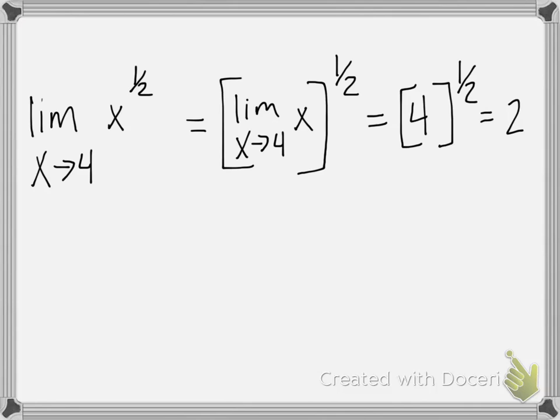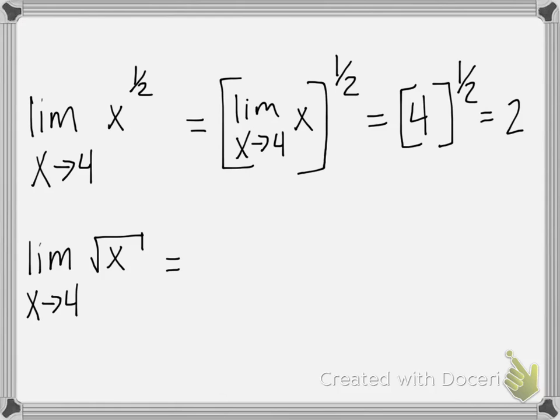Or if you recognize that, I'll just rewrite it. Anything raised to the 1/2 power, which I've said a few times before, is just going to be the square root of x.